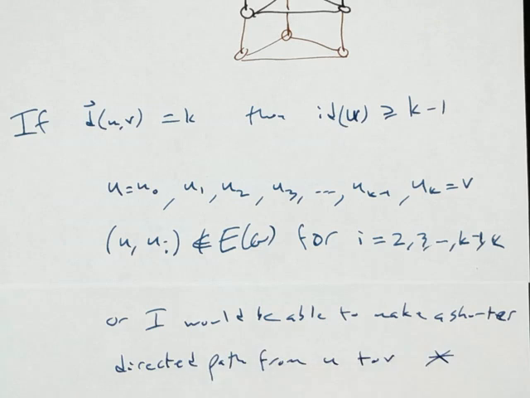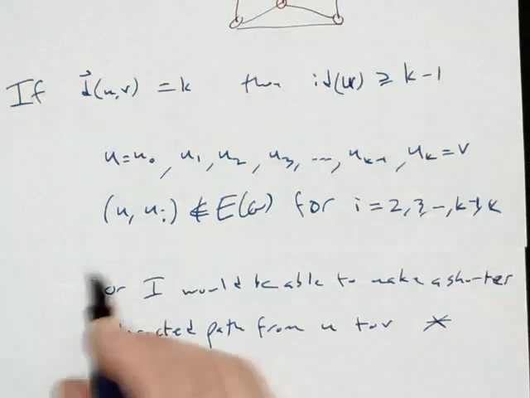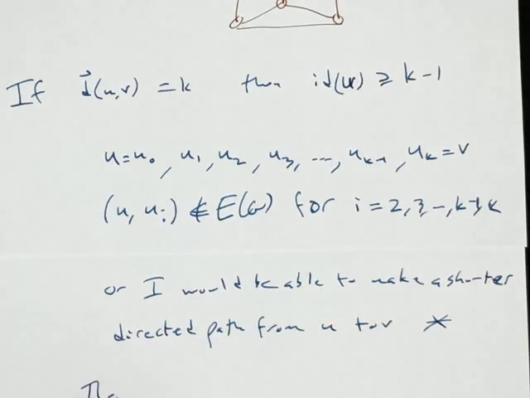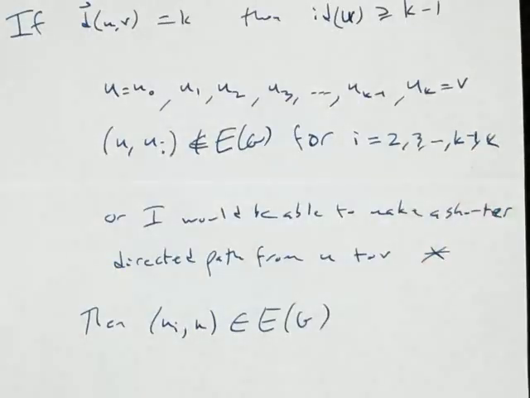And if (u, ui) is not an arc, then (ui, u) must be an arc. How many of those are there?